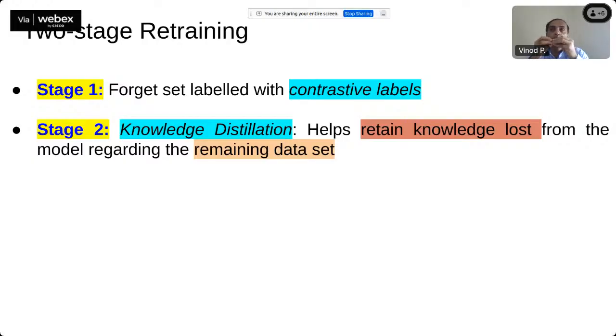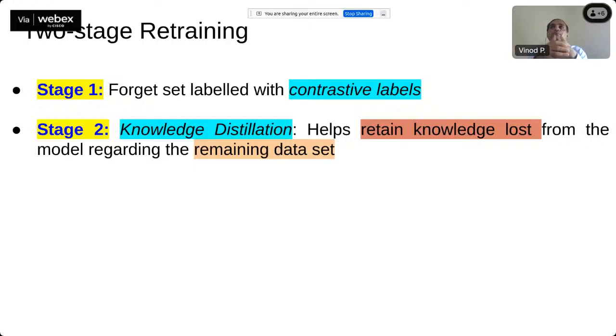So in this stage one, I will take a data point and assign it a contrastive label which is not its true label.